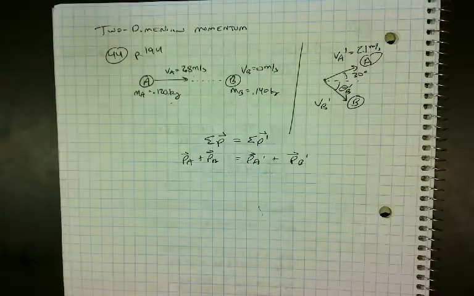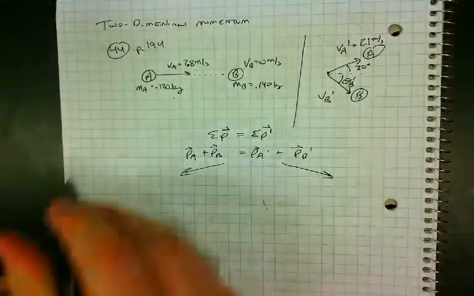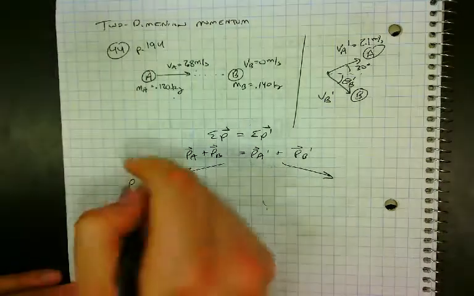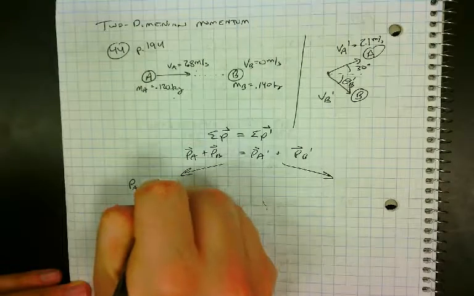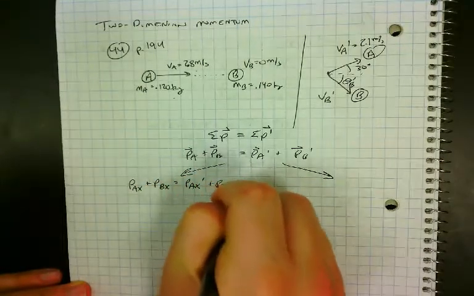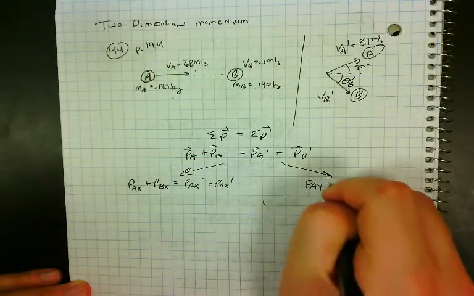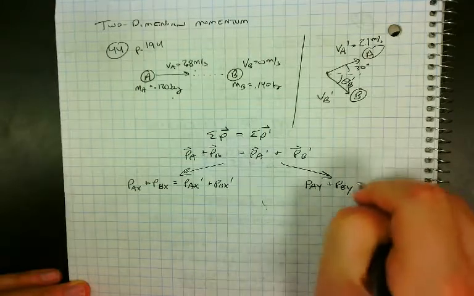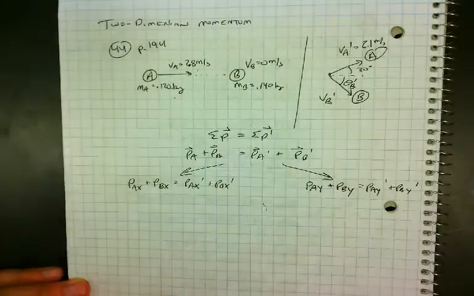And if you recall, a vector equation resolves itself into two separate component equations: PAX plus PBX equals PAX prime plus PBX prime, and PAY plus PBY equals PAY prime plus PBY prime.